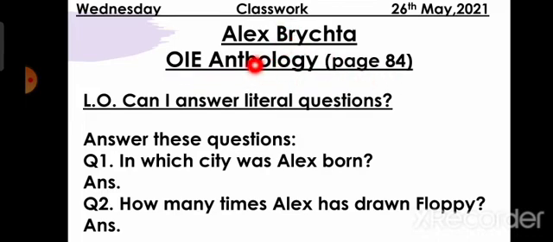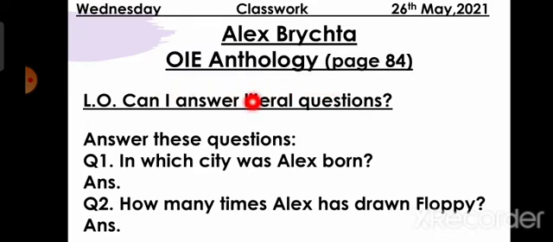Write Alex Brichta and OIE Anthology, page 84 on the first 2 lines, and underline these 2 lines with color pencils. Use a scale to underline these topics. After that, you will leave 1 line, as you can see.